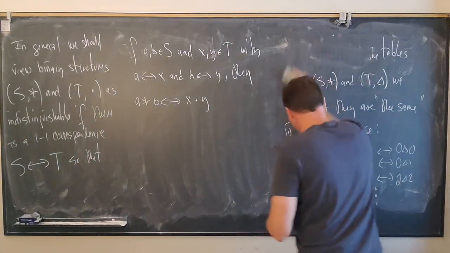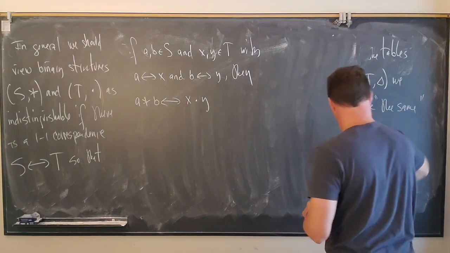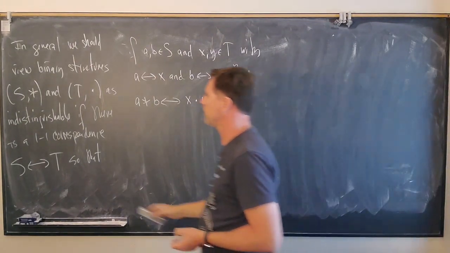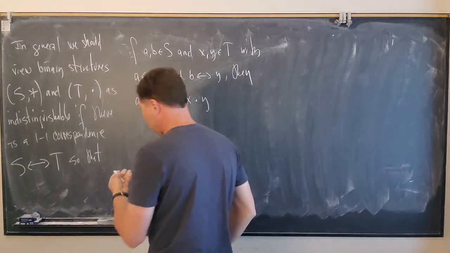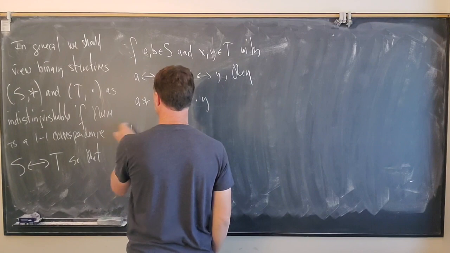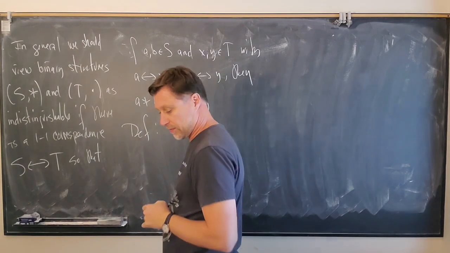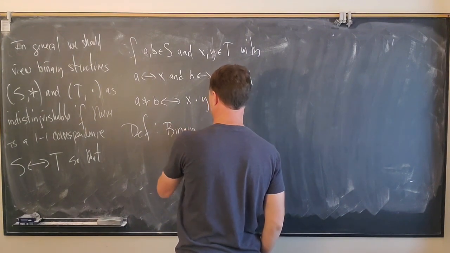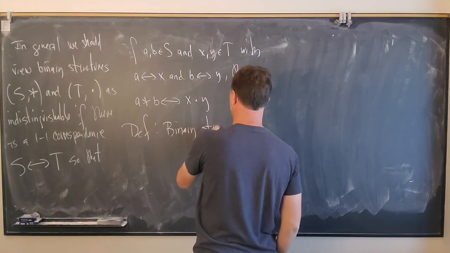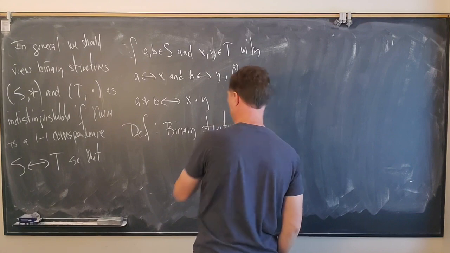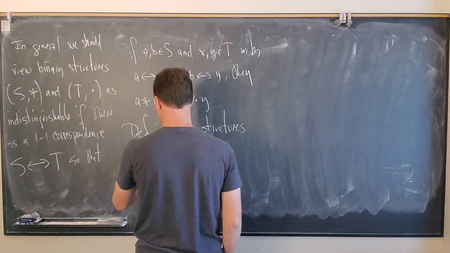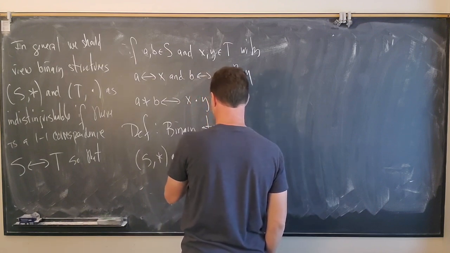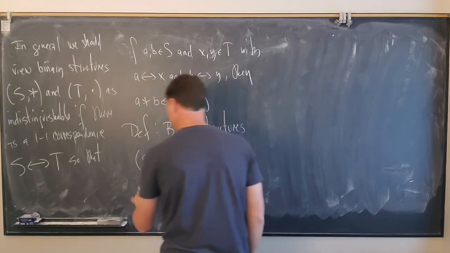Okay, so now let's make this truly precise. Instead of saying that the binary structures are indistinguishable, there's a common algebraic word for this. So now for our definition, binary structures S, star and T, dot are isomorphic.